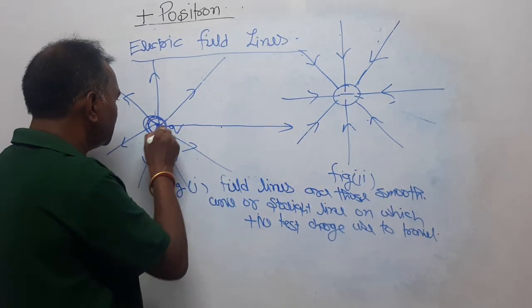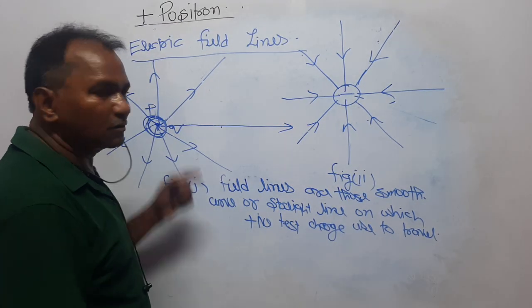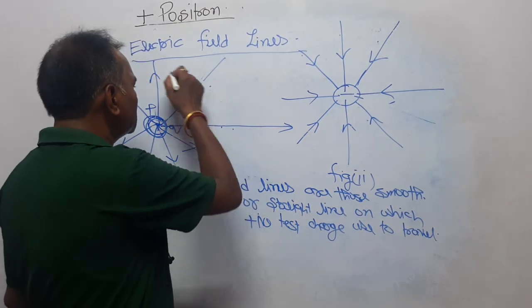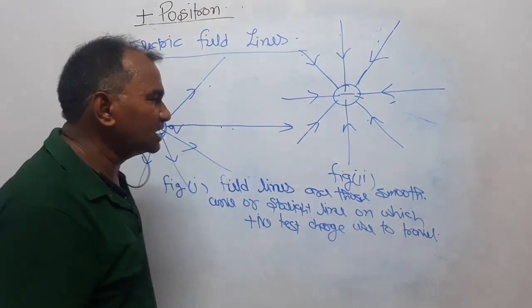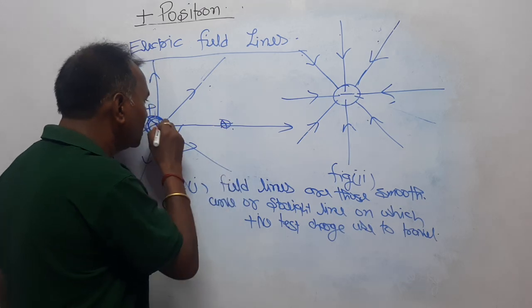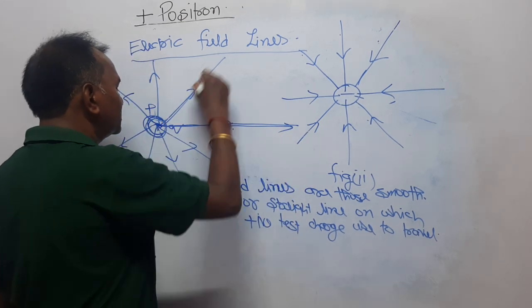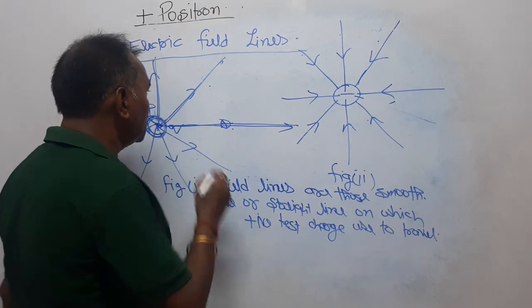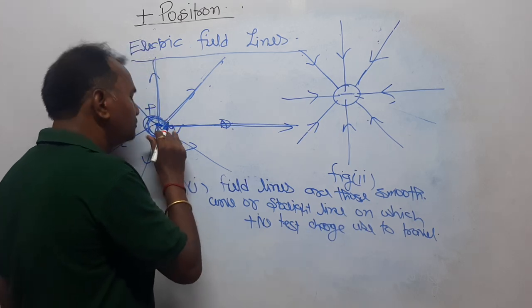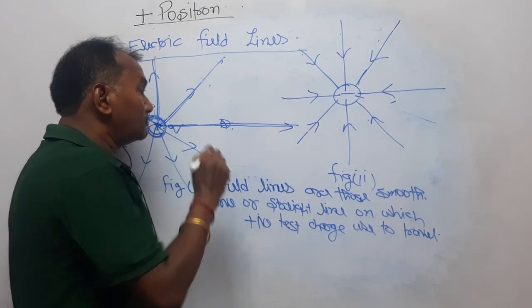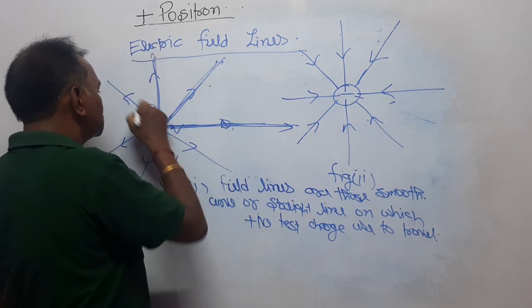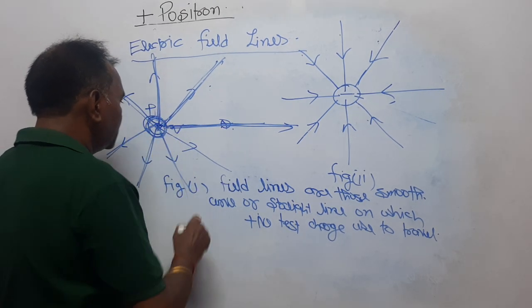If you want to find out the field line due to a positive charge, keep a positive test charge around it at any place. That positive test charge will be repelled along the straight line. That is why field lines due to positive charge will begin from the positive charge and move away along the straight line, right?